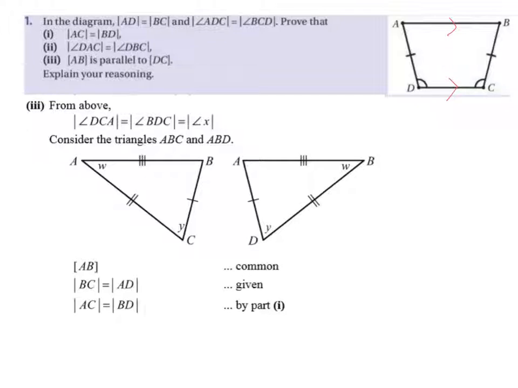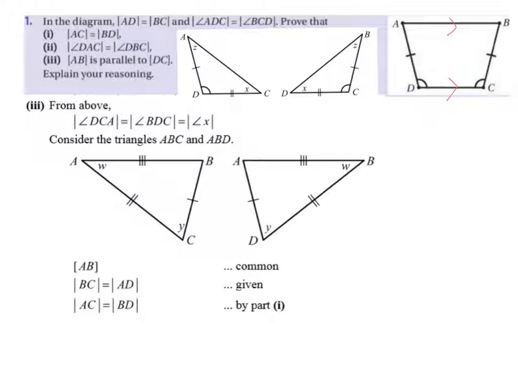So from the sketch we drew in the previous question, which was the triangles ADC and BCD, we know that the angle DCA, so this angle here labelled as X, is equal to the angle BDC, which we've also labelled as X. We know this because these two triangles are congruent, so all the corresponding angles and corresponding sides are equal.